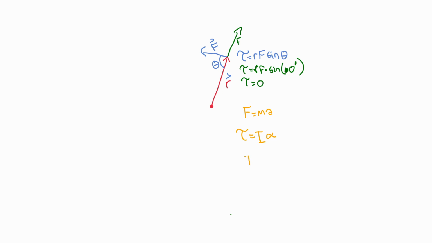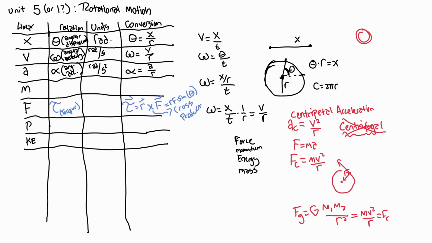Well, this new thing I is moment of inertia. This moment of inertia thing we call I goes into this part of the table. It has units of kilograms times meters squared. And it has a lot of different formulas, which we're going to look at in just a second.